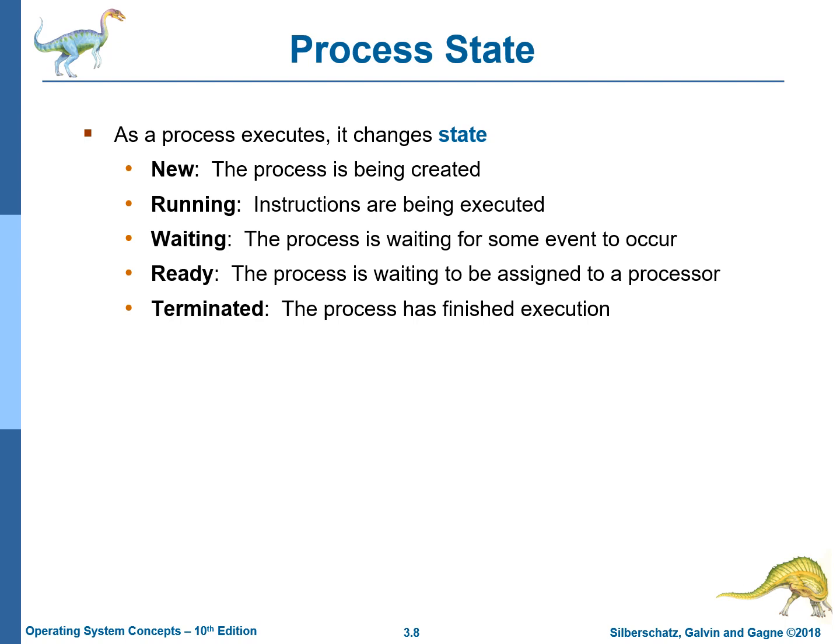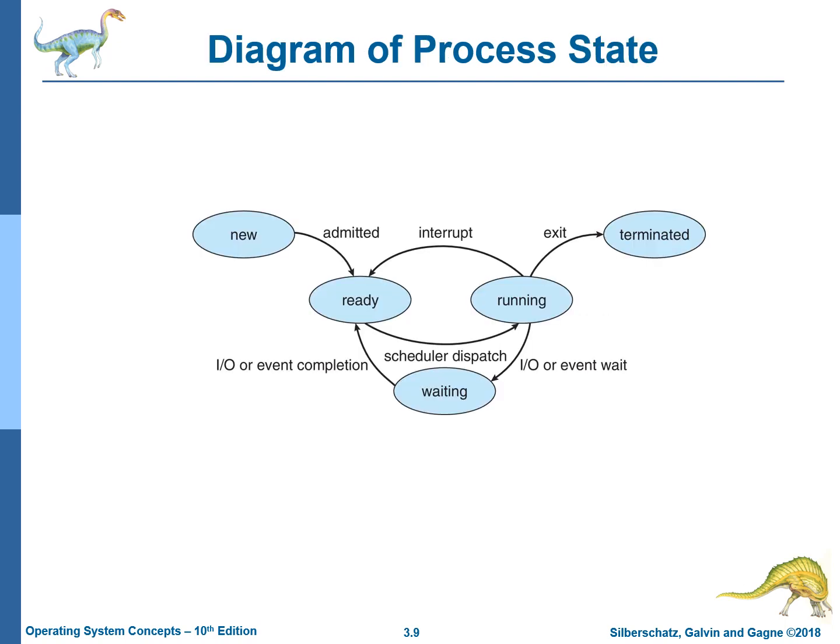Waiting: the process is waiting for some event to occur, such as an input-output completion or reception of a signal. Ready: the process is waiting to be assigned to a processor. And terminated: the process has finished execution. And as you can see here, this is a diagram of process state.